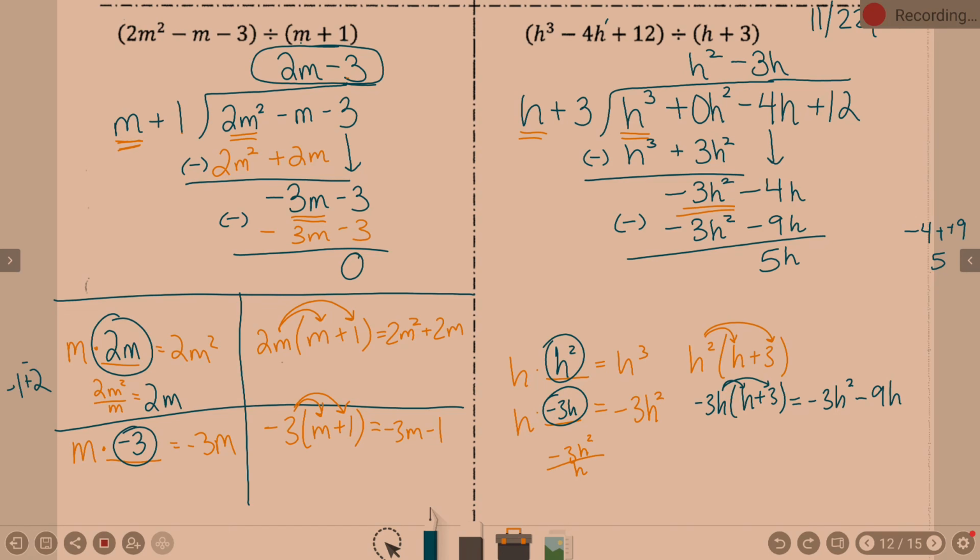And now what? Drop down our 12, and repeat this process one last time.